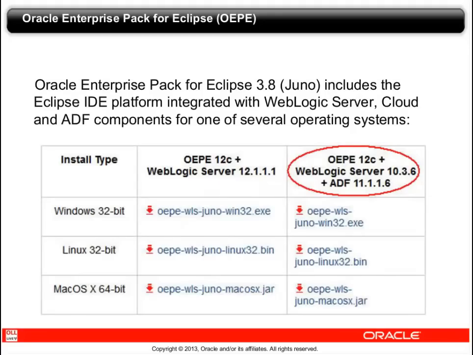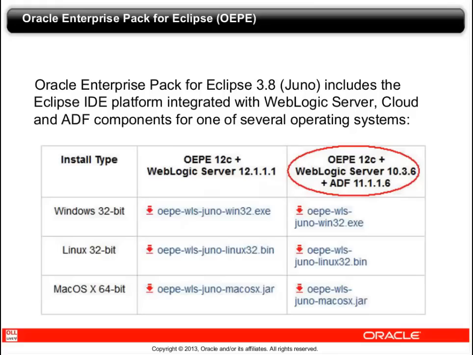I mentioned a few slides ago that the software that we're using today is the Oracle Enterprise Pack for Eclipse. This is an implementation of Eclipse 3.8, the Juno version, integrated with WebLogic Server, with Oracle Cloud, and it supports ADF as well. And what I put up here is a picture of the download page.